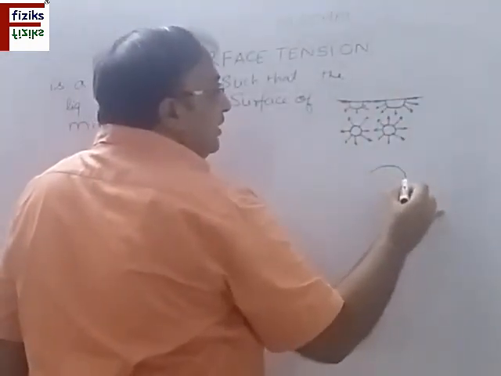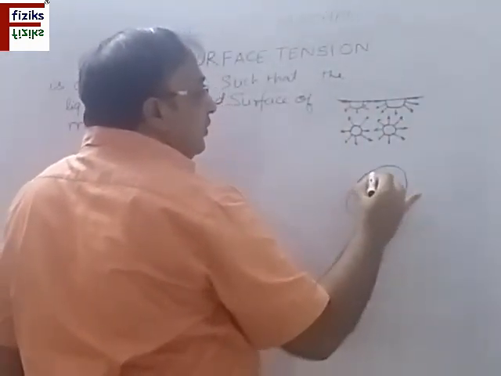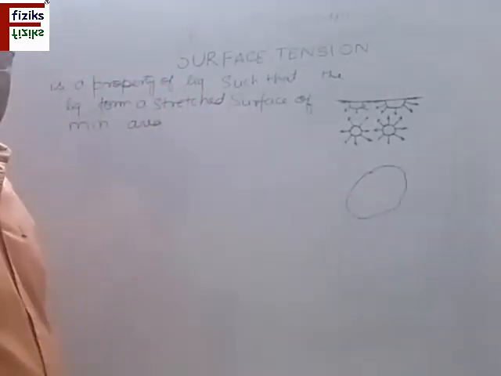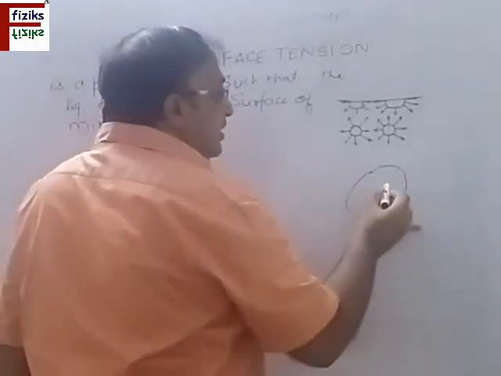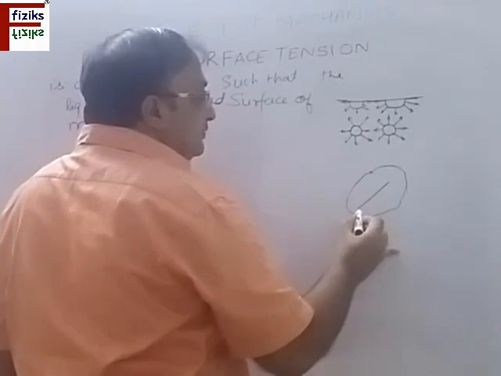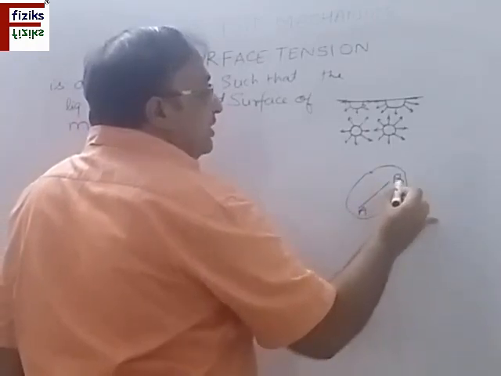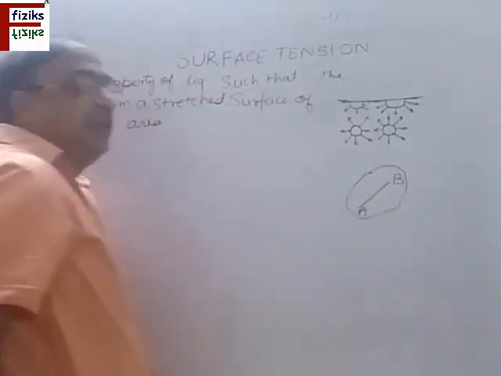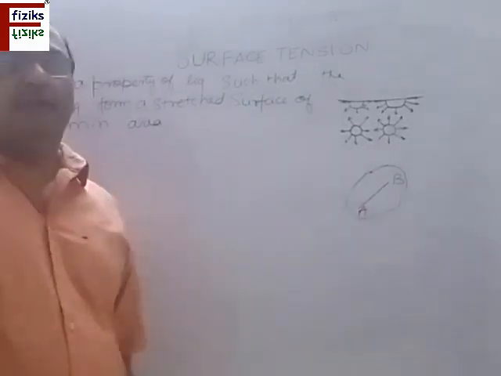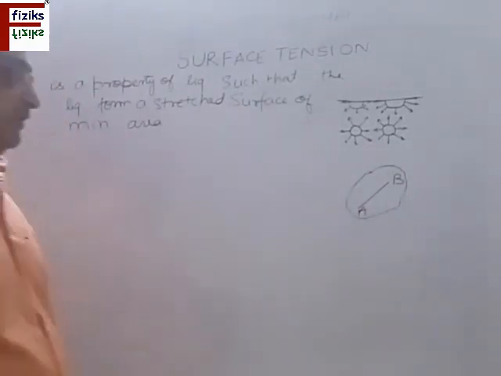Now let us take this surface of the liquid. If I take an imaginary line in this, let AB be the imaginary line. This is the surface of a liquid, and we have taken AB as an imaginary line in the surface.